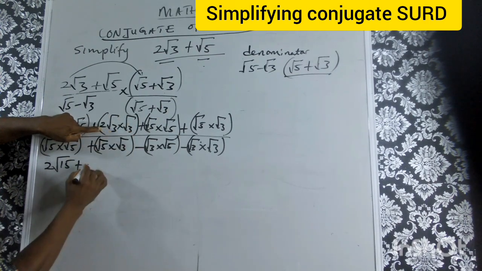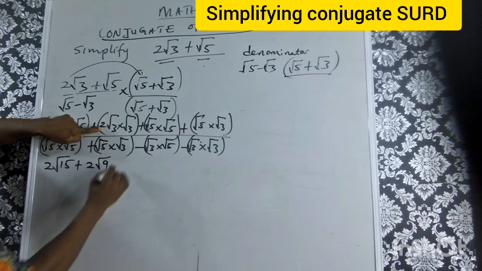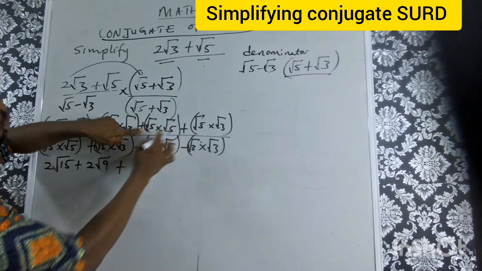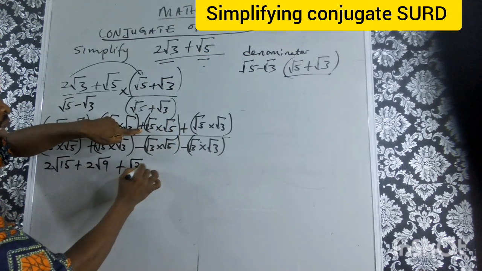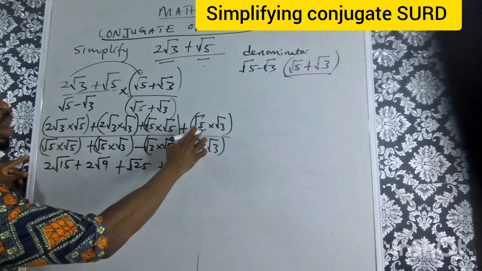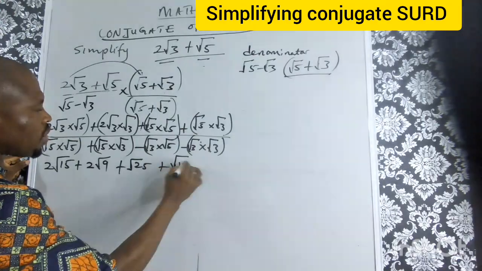So 2 times 1, you have 2, into root 3 times root 3 will give us 9, plus, we come here, root 5 times root 5 will give us square root of 25, plus, we come here, square root of 5 times square root of 3 will give us a square root of 15.